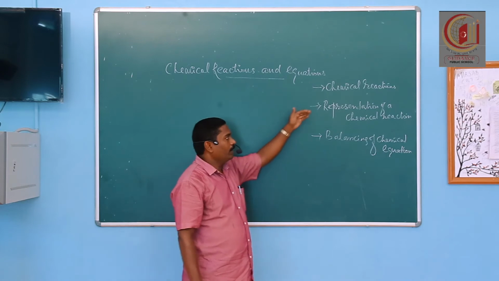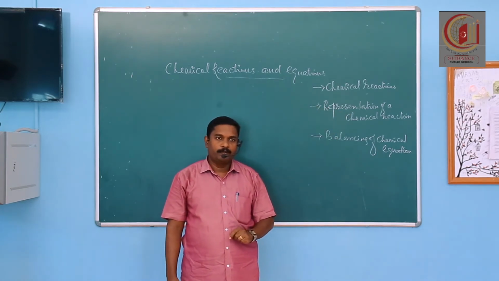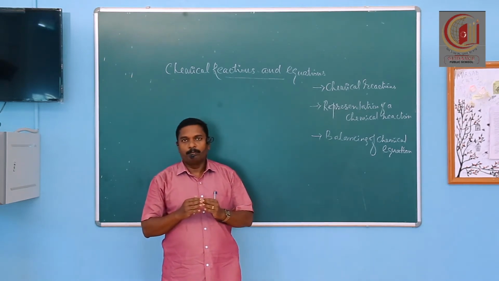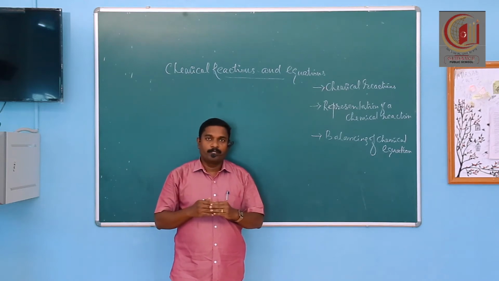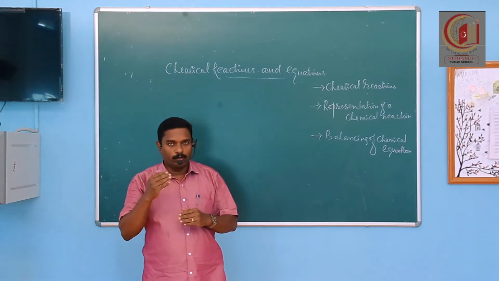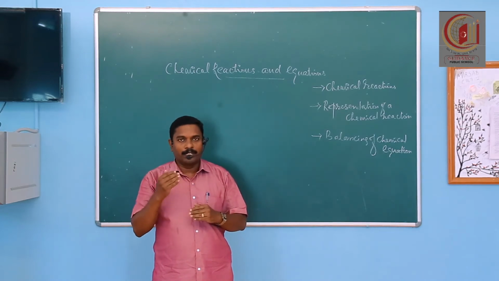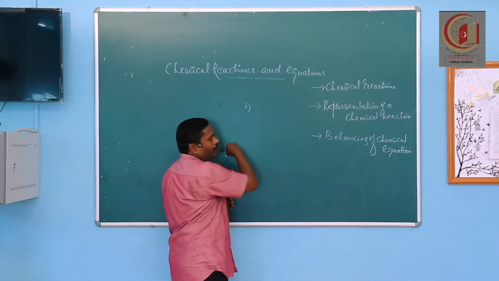Then, how can we represent a chemical reaction? A chemical reaction can be represented by means of chemical equations. And we already studied there are three methods or types of chemical equations. Can you say one by one?